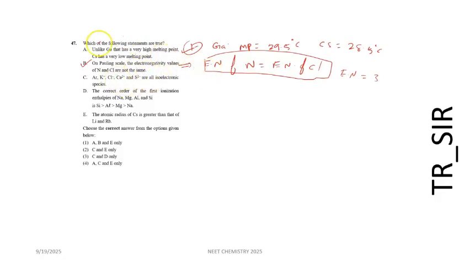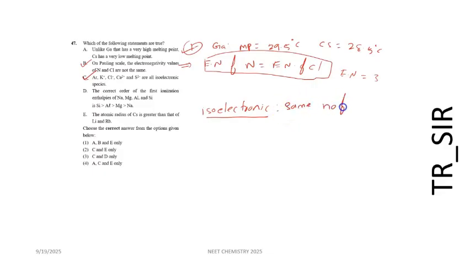Now, the third statement. What they're telling is that argon, K positive, Cl minus, Ca 2 positive, and S 2 minus are isoelectronic species. So what exactly is the meaning of isoelectronic species? Isoelectronic species are atoms or ions that have the same number of electrons.